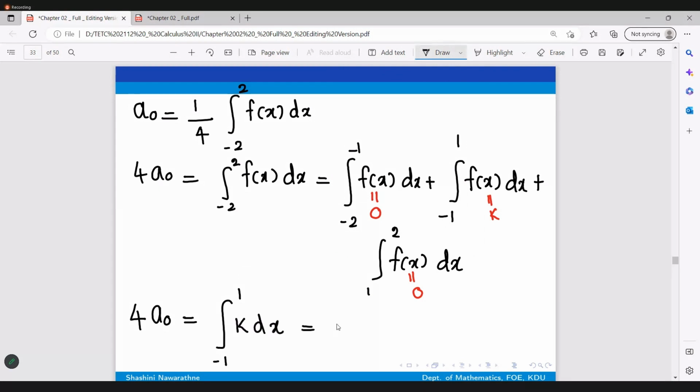Since k is a constant, we can write this as k times the integral from minus 1 to 1 of dx. If we integrate the function 1 with respect to x, the answer is x, and we need to substitute minus 1 and 1 here. So this is equal to k times 1 minus minus 1.